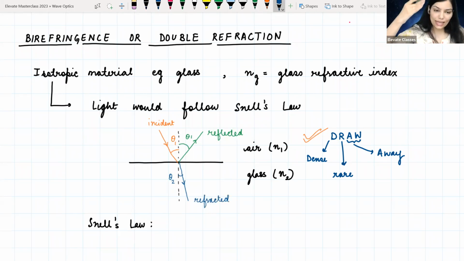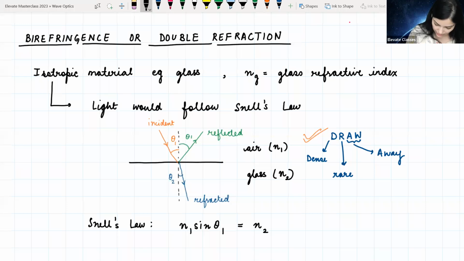That is the first law. The second is that the angle of incidence is equal to the angle of reflection. And the third law, which we always write, is that N1 sine theta 1 will be equal to N2 sine theta 2.